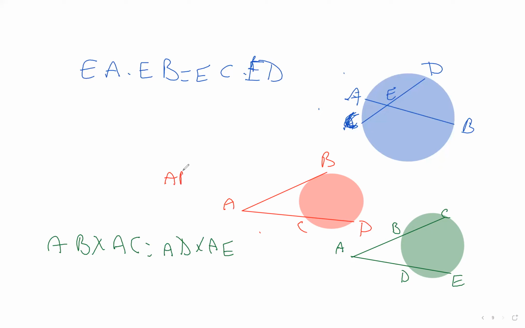It will be AB squared equals AC times AD.